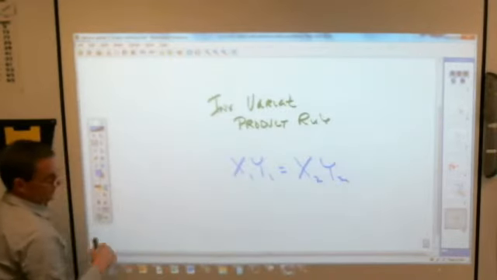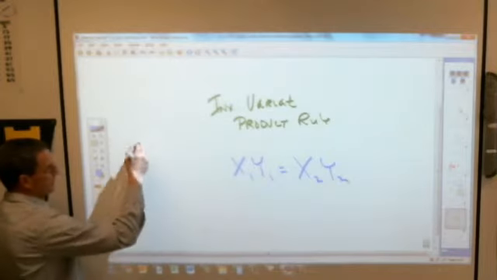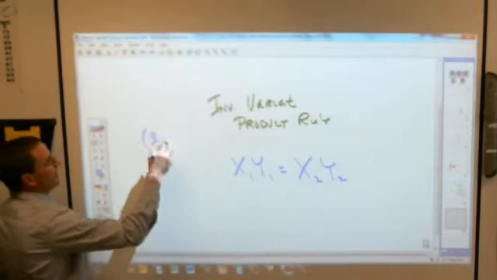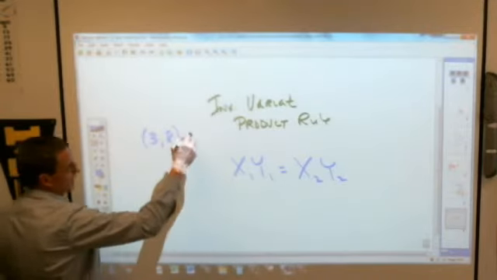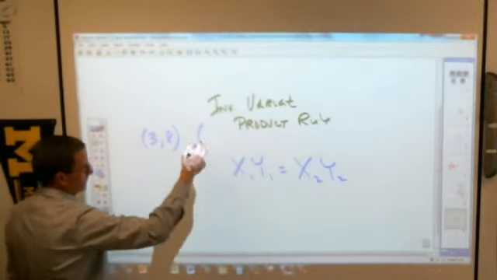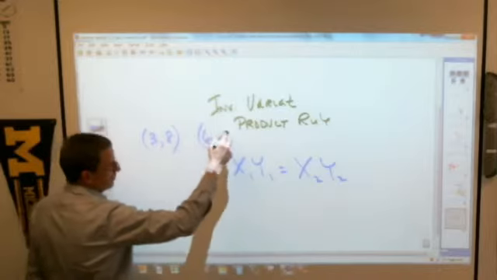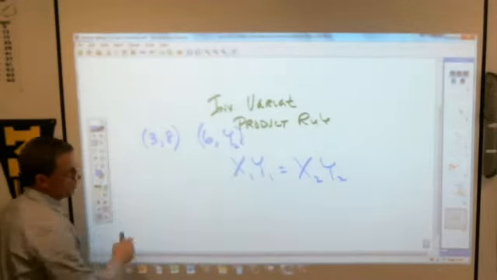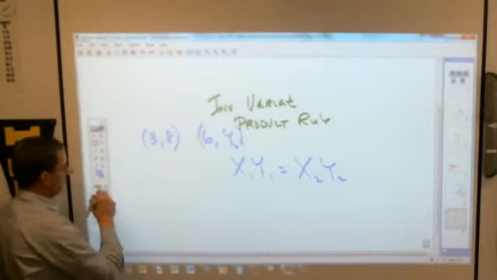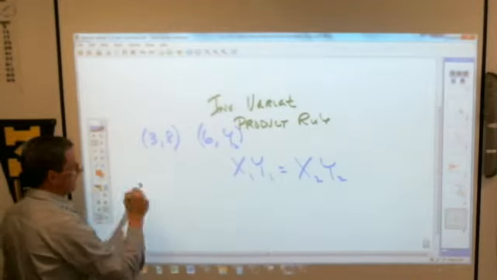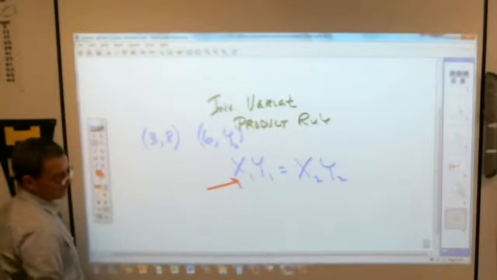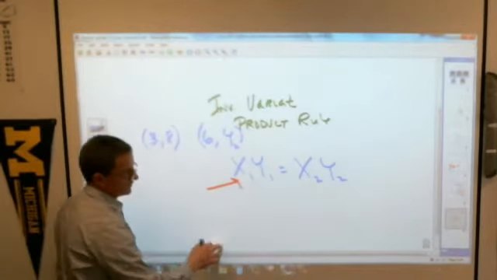Well, that means if you're given 2 points, let's say you're given (3, 8), and then you're given, I don't know, (6, you don't know). You can take those points, plug them into this little formula, which is really the same thing we just did, and get your answer.